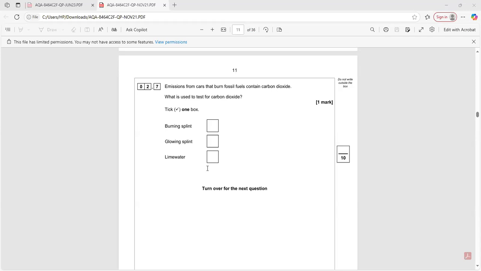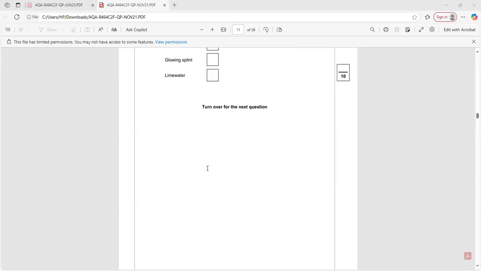Blow some air from your mouth through the straw into the solution of lime water. It will bubble the lime water, and the presence of carbon dioxide will show by making that lime water turn milky. Okay, so it will become milky. It's because of the formation of another compound inside the lime water.